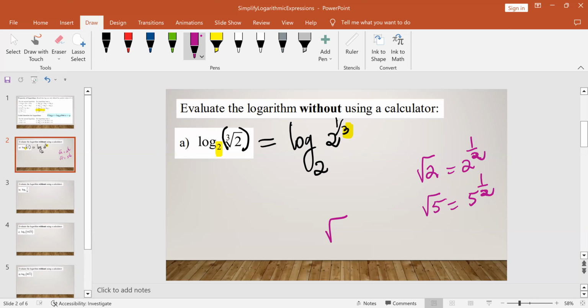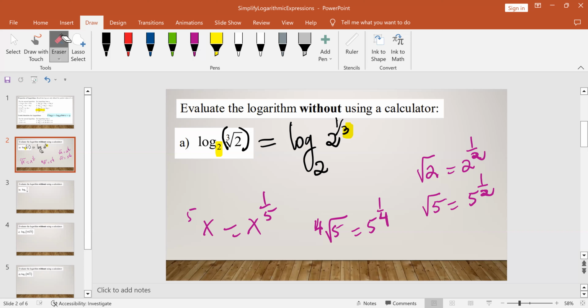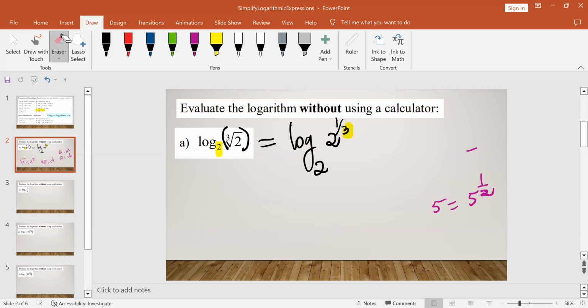If you have a fourth root of 5, this will be 5 raised to 1 over 4. Again, the denominator 4 is telling you what kind of root you have. If you have a fifth root of x, this will be x raised to 1 over 5. This is just a quick review, but you can find another video where I explained this in detail.